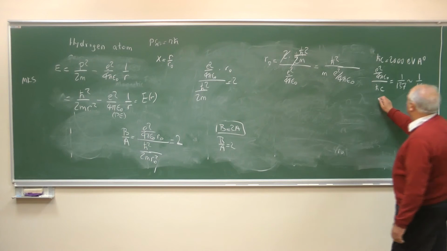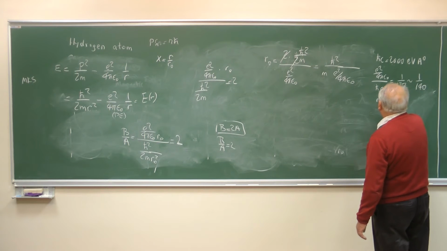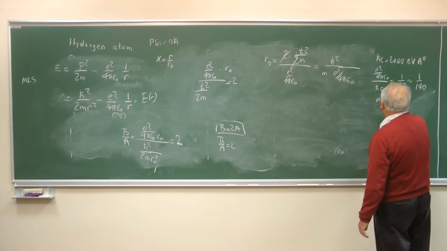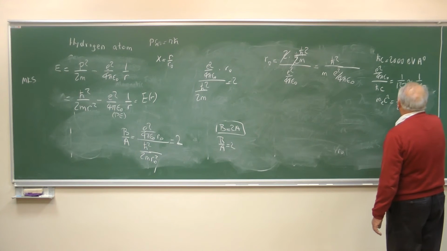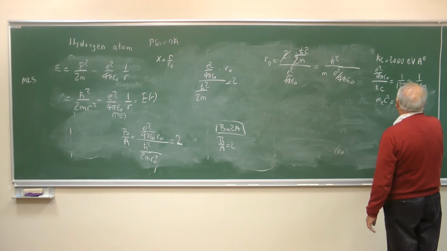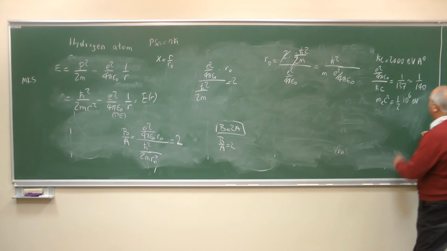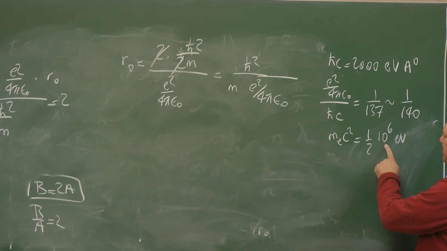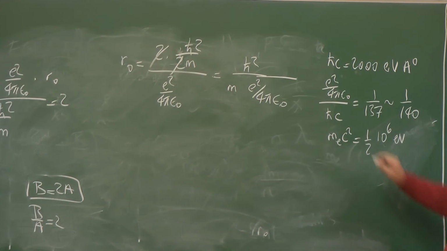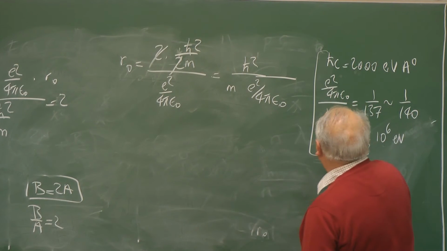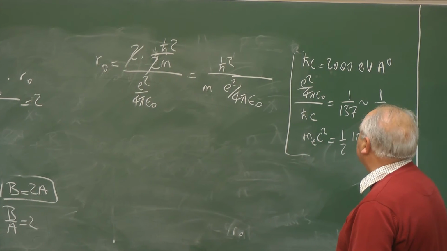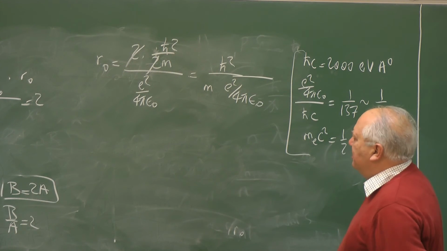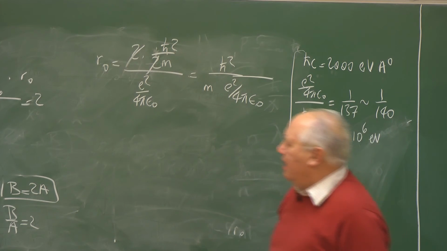And the mass of the electron is 1/2 times 10 to the 6 electron volt, namely 1/2 MeV. So we shall use these to approximate any physical quantity related to the hydrogen atom.